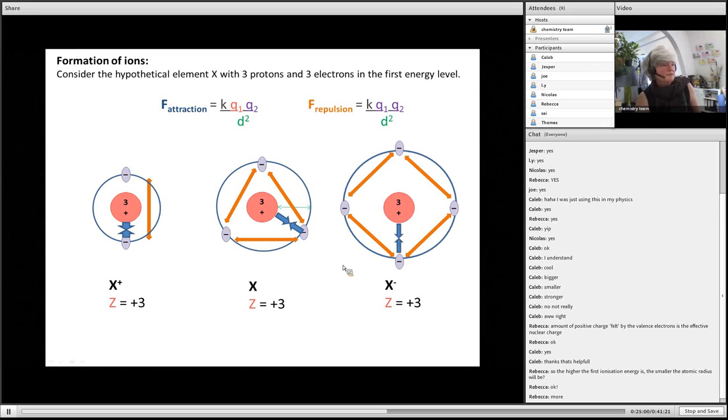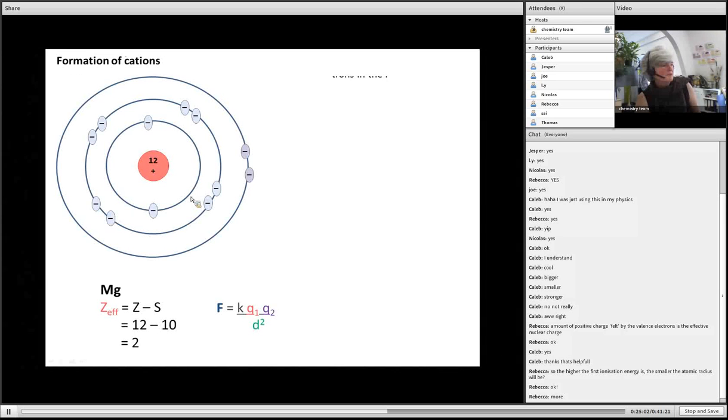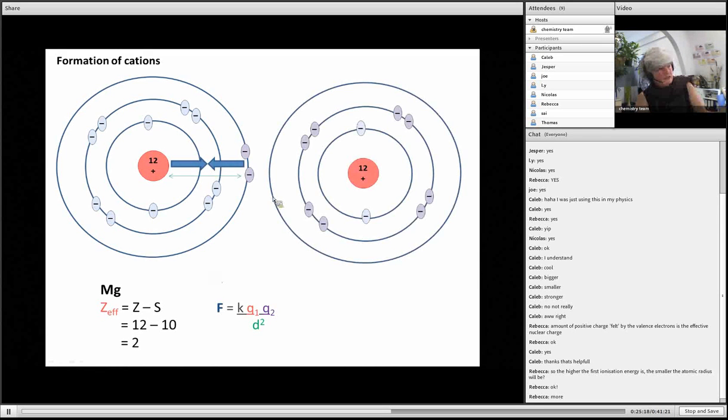And that would make it bigger. So if I then look over here, here's a proper example of magnesium. Magnesium has atomic number of 12, 10 inner electrons in the core, so it's got an effective nuclear charge of 2. And so if I now take the outermost electrons off, can you see my inner electrons?